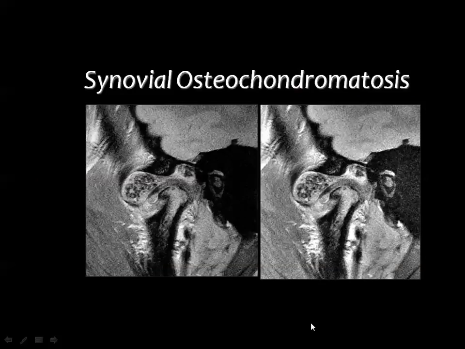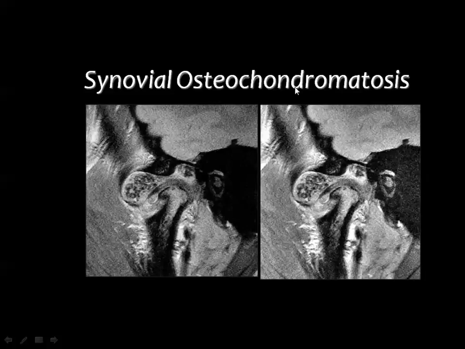And similar to any other joint, this joint can be the seat of synovial osteochondromatosis, which are multiple loose bodies within the joint capsule, and this will result from synovial metaplasia into cartilage, which will form multiple loose bodies within the joint space.